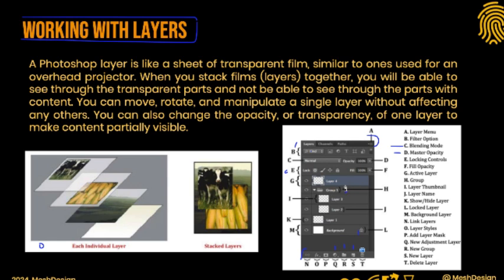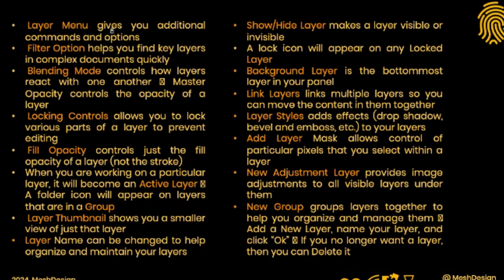So if you select any of these layers, you come here to the delete icon, you can delete the layer, and then you can add a new layer, group layers, or add an adjustment layer to your layer panel. So the layer menu gives additional commands and options, and then the filter helps you to find key layers in a complex document quickly, and then the blending mode controls how layers react with one another, master opacity controls the opacity of the layer.